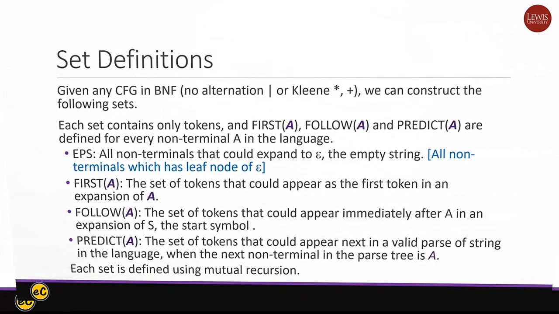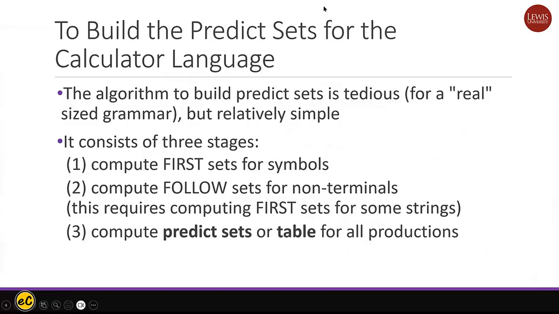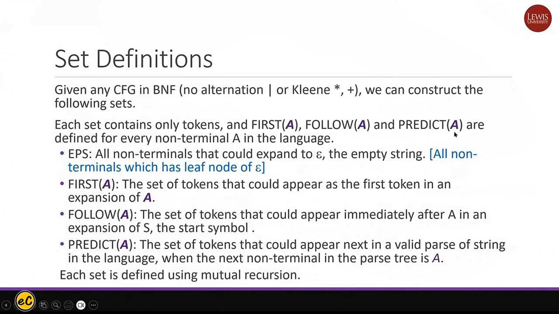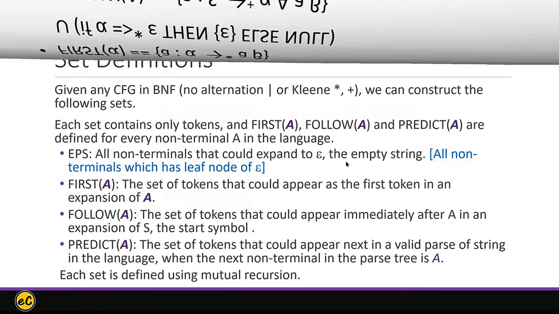First set means what are the rule's first symbols. Follow set means what is the set of symbols that actually follow my current rule. Predict set means what is the symbol that can be predicted as the next symbol from my current rule. So these three sets are very important.